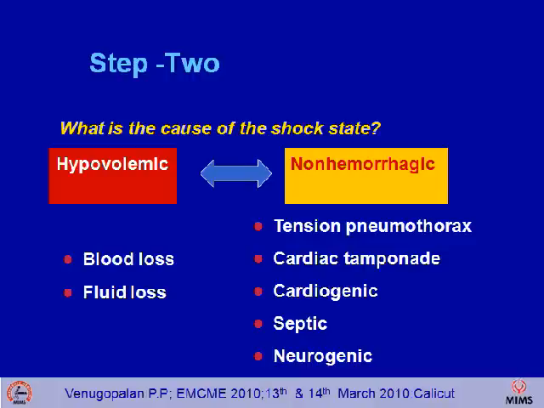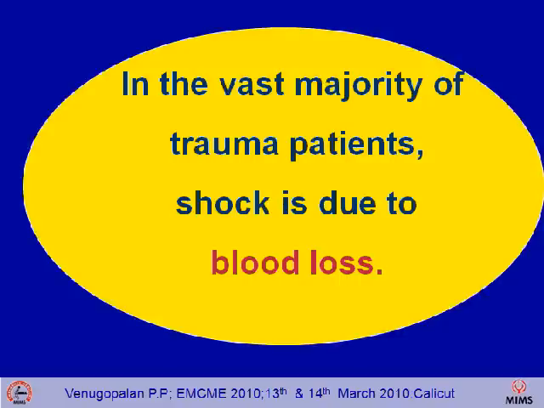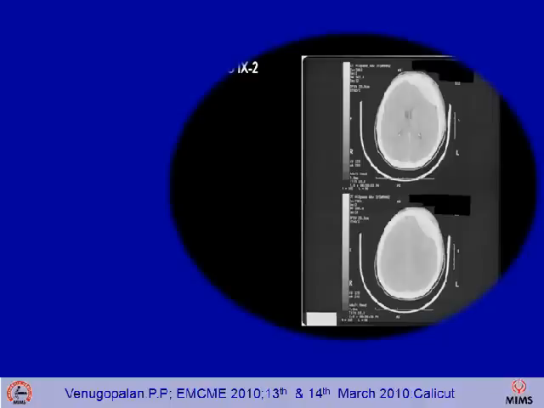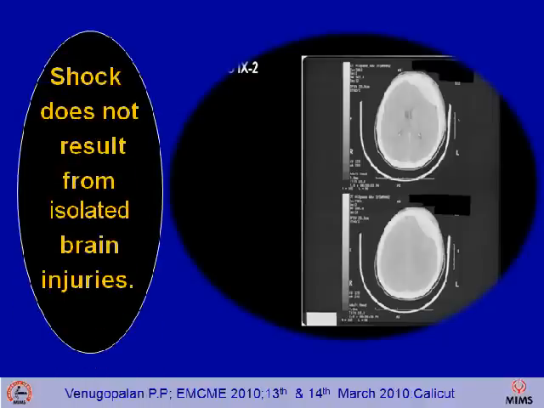Non-hemorrhagic shocks are due to tension pneumothorax, cardiac tamponade, cardiogenic shock, septic shock, and neurogenic shock. In the vast majority of trauma patients, shock is due to blood loss, unless otherwise proved. Isolated brain injury never causes shock per se; there should always be a secondary bleeding site.